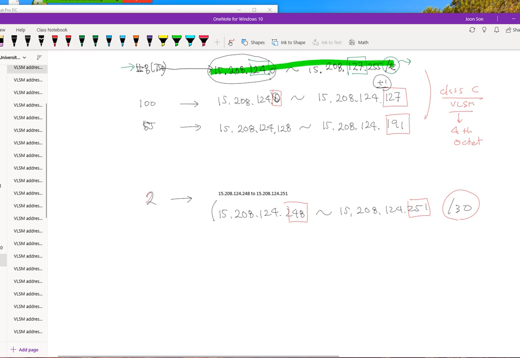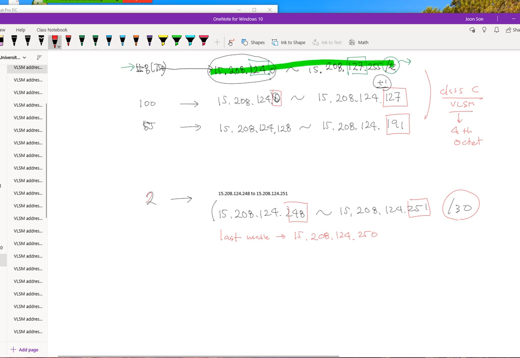Is the last usable IP address 15.208.124.250? Thank you so much. What is your name? Esra. Okay, Esra, thank you. So that's the last usable.